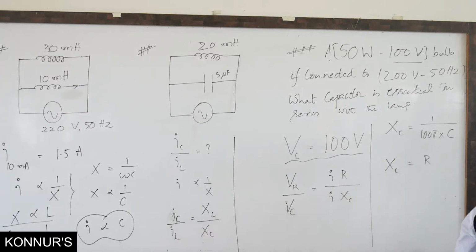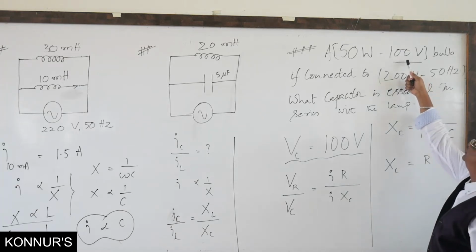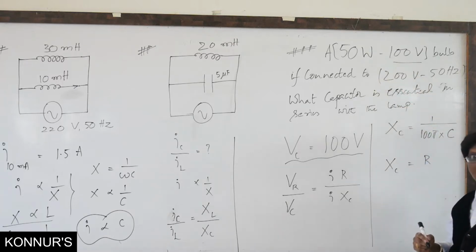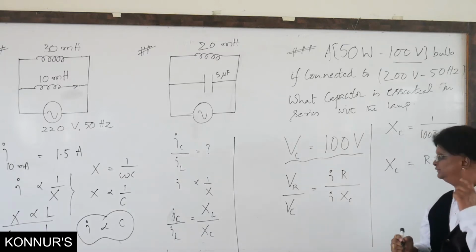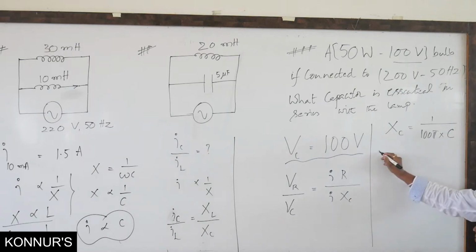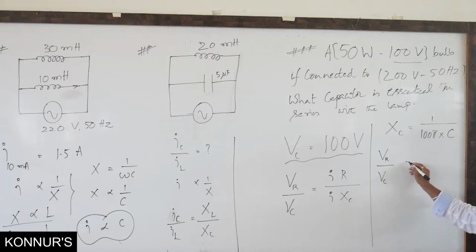One more important point. Why? See, we are doing it in series. Only how many volts are taken by the bulb? 100. Therefore, to share the same voltage, the reactance of the capacitor should be the same as the resistance of the bulb. Why? Because V across R by V across C is some ratio which is equal to 1 here, 100 by 100.